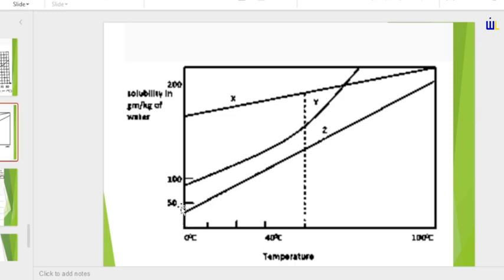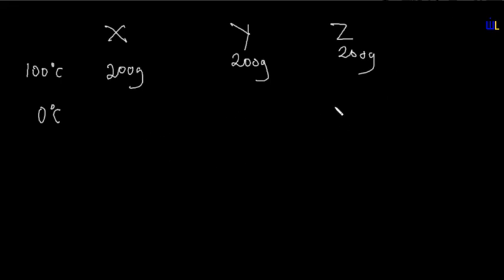It's not 46, that is too close to 50. So let's call it 41. Any value you call it, provided it's below 50, you will still get it correctly. So Z is 41 gram at 0 degrees.